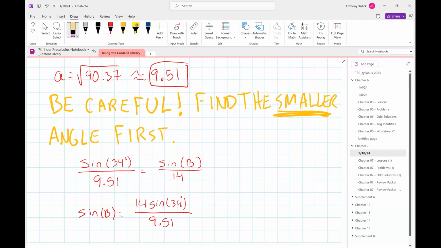Who remembers how to cancel that out? Anybody? Oh, guys, it's sine inverse. So you do sine inverse to both sides.